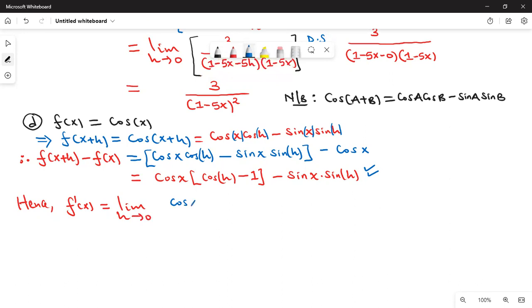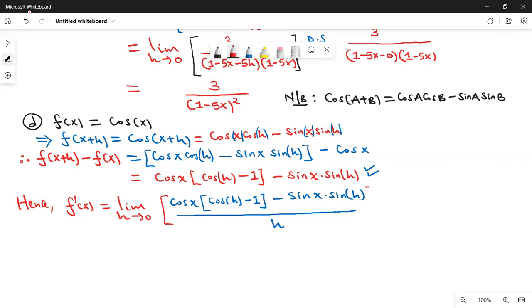Cos x times, can use this kind of bracket, this is cos h minus 1, minus sine x times sine h. That's our numerator. Our denominator is h.